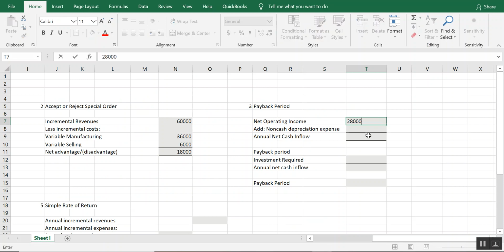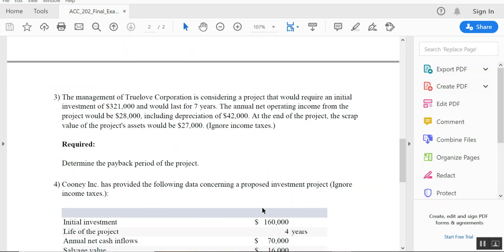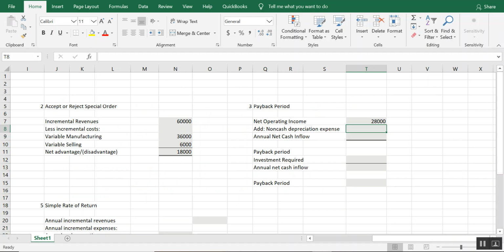They gave that to us in the problem. So we take that 28,000 here, and we're going to add back the non-cash expense, that's depreciation. So we're going to take the 42,000 and add it back. When we do that, we get 70,000 as the annual net cash inflow.